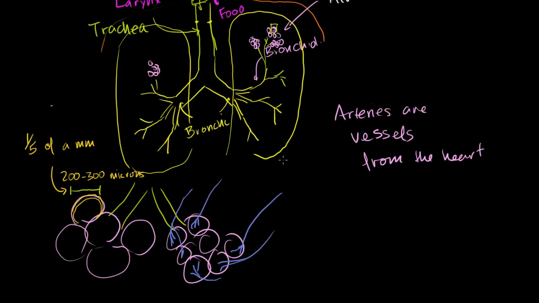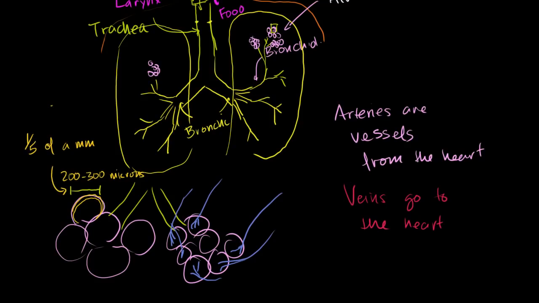And the vessels that go to the heart are called veins. Veins go to the heart. And this is really important to keep in mind, because later on you're going to see that arteries don't always carry deoxygenated blood, and veins aren't always one way or the other. We're going to go into a lot more detail when we cover the heart and the circulatory system. But just remember, arteries go away, veins go to the heart.